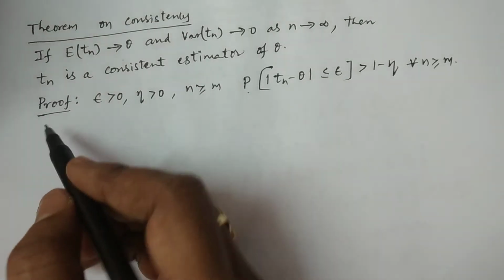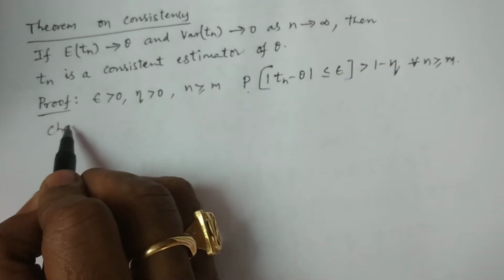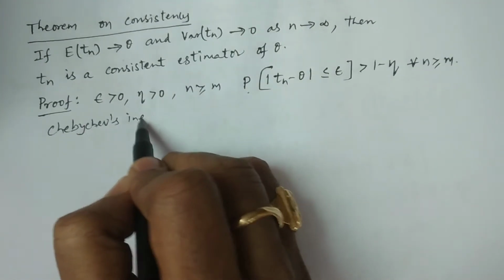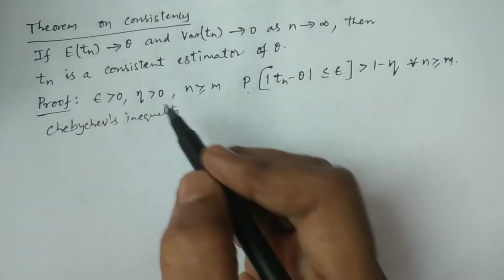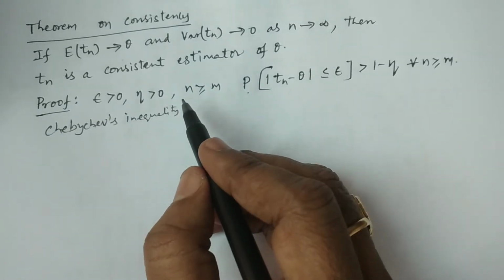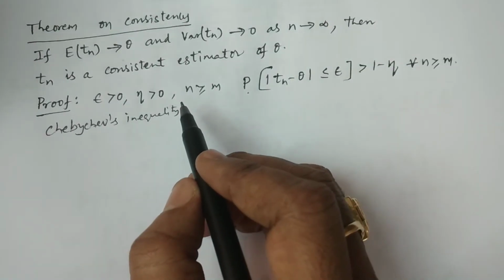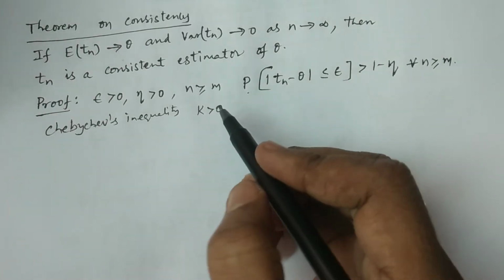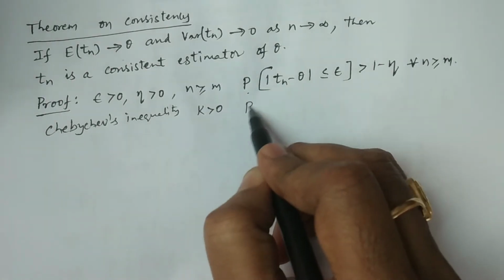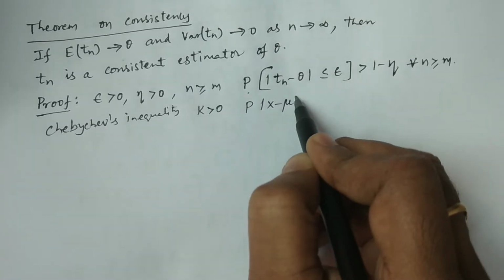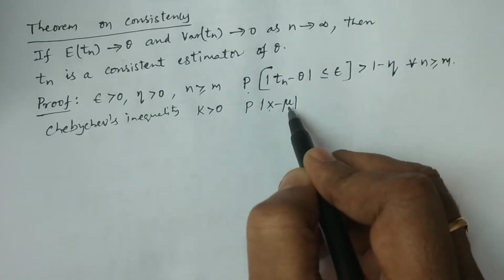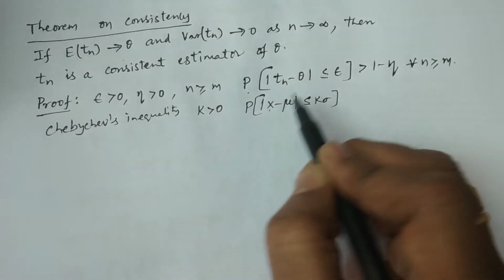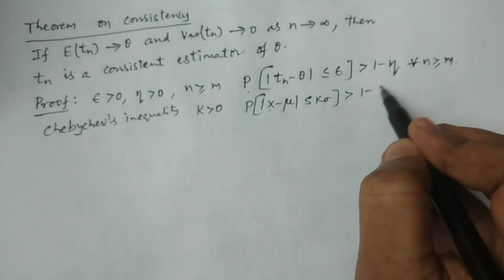So I am recollecting Chebyshev's inequality. What does Chebyshev's inequality state? For example, a random variable x with mean mu and variance sigma square, then for k greater than 0, a positive constant, we have probability of modulus of x minus mu, the difference between the variable x and its mean mu, less than or equal to k sigma, is greater than 1 minus 1 by k square.